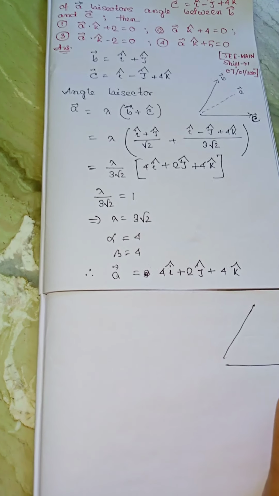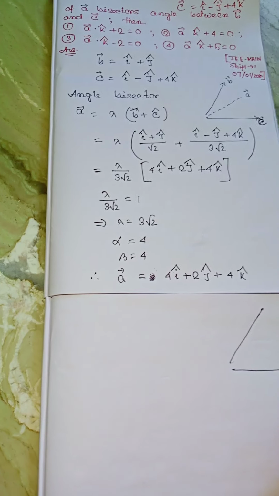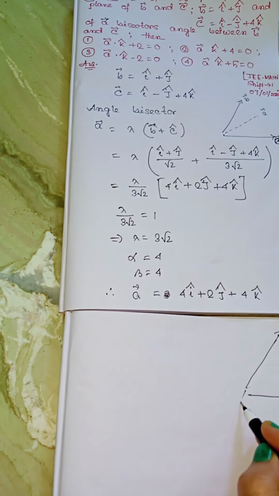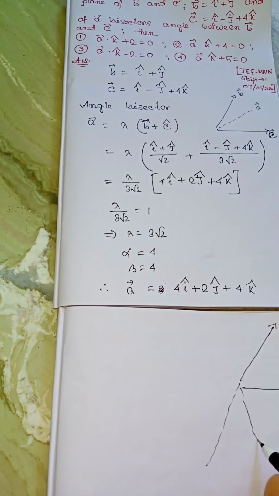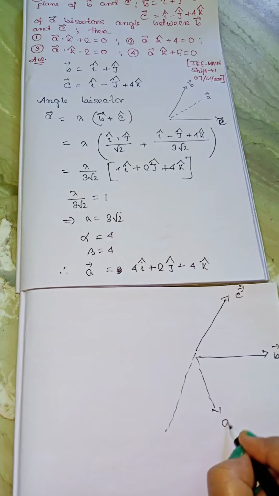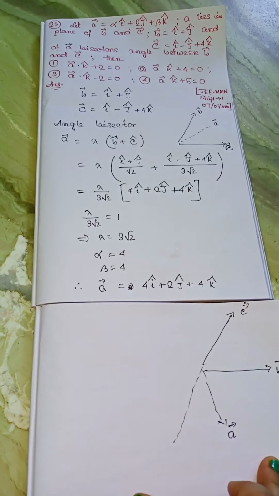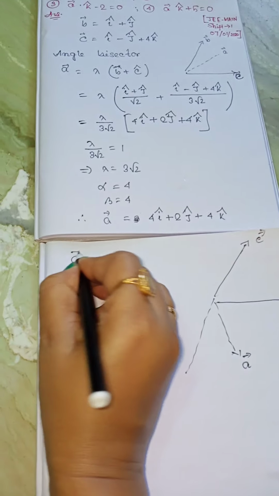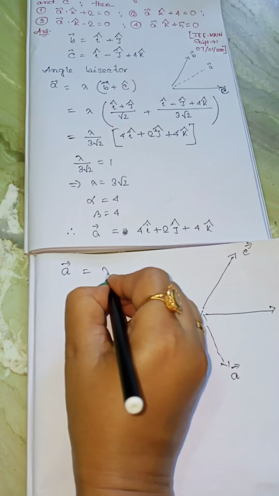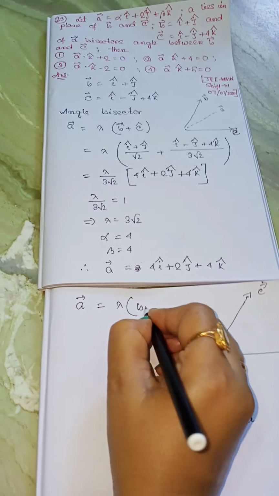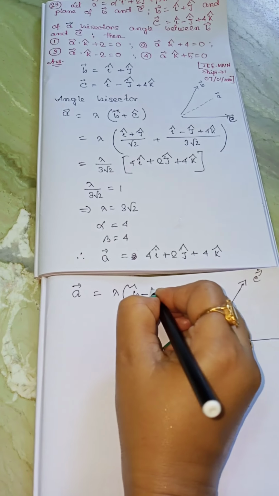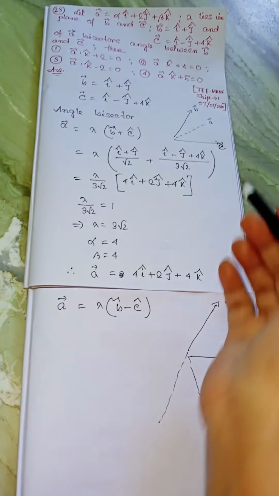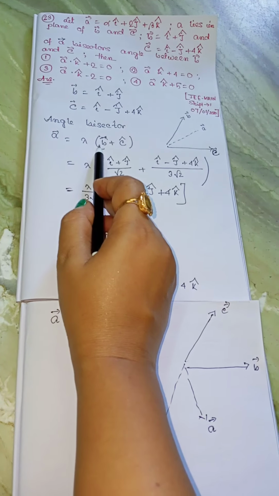Again we plot down. This is B vector, this is C vector, and it is the external bisector A. Now vector A becomes similarly lambda into B cap minus C cap. Clear? If it is internal, then it becomes just like that.